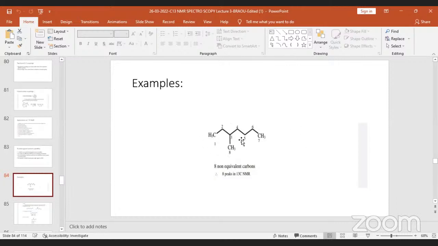All are non-equivalent, because there is no symmetry here. So 8 non-equivalent carbons, and you get 8 signals. In the proton decoupled spectrum, you get 8 singlets.